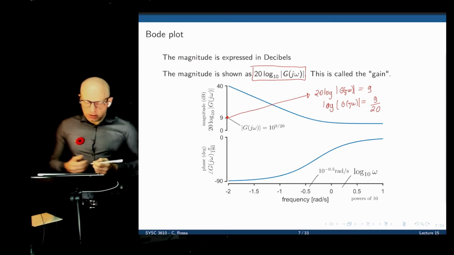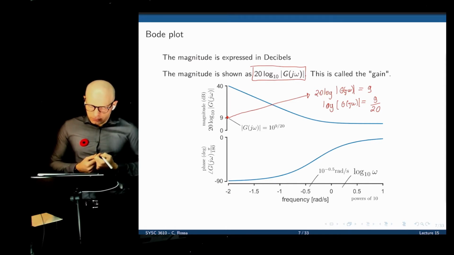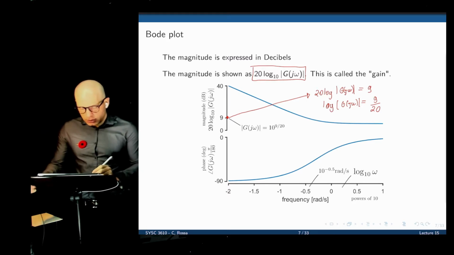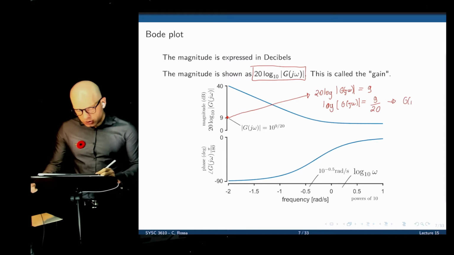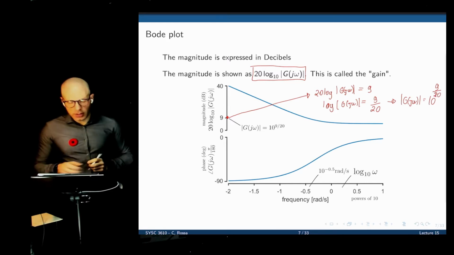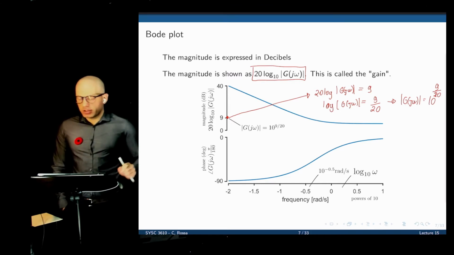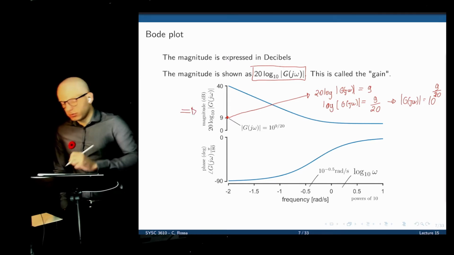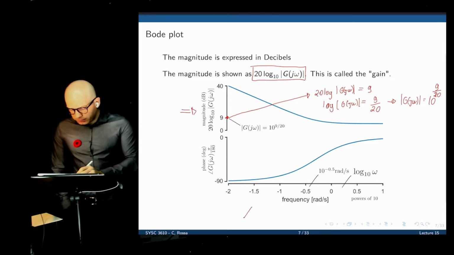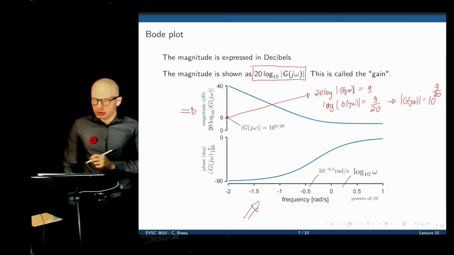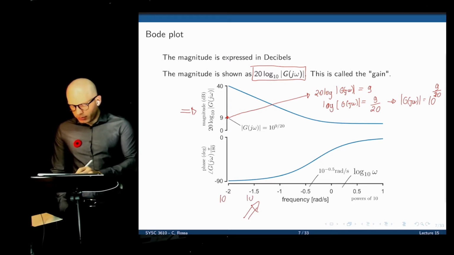Now if you put everything to the power of 10, 10 to the power of log 10 is 1, so this is the same as the magnitude of G(jω), which is 10 to the power of 9 over 20. That's the actual magnitude of the transfer function, but you're now taking the log 10 of that, multiplying by 20, and then we display the magnitude in decibels there. And again, the frequency is also in a log scale, so these numbers that we see there are all powers of 10.